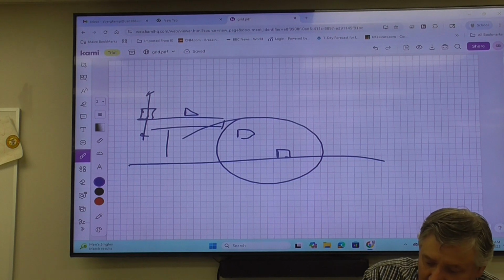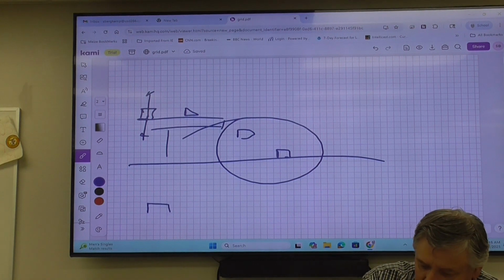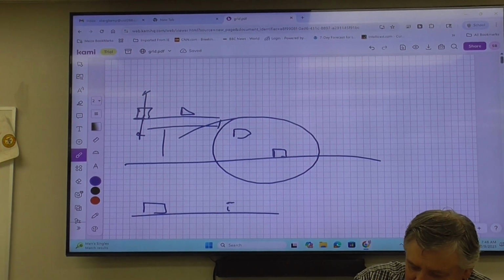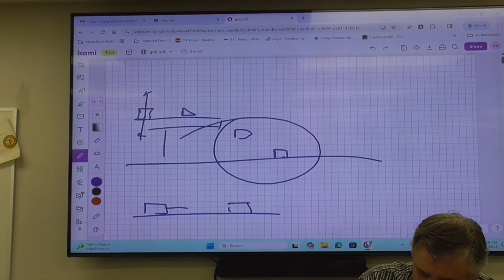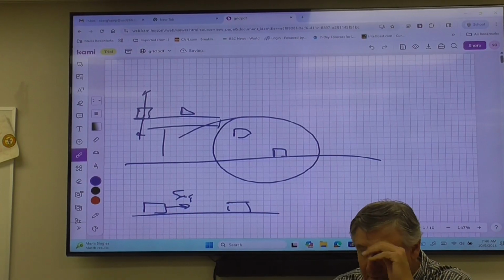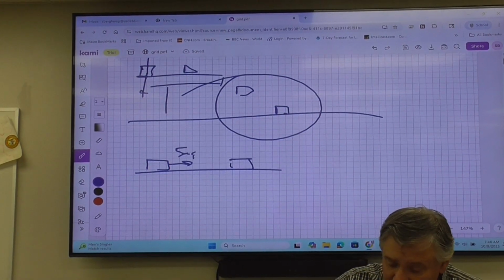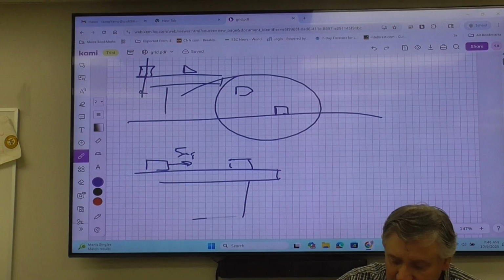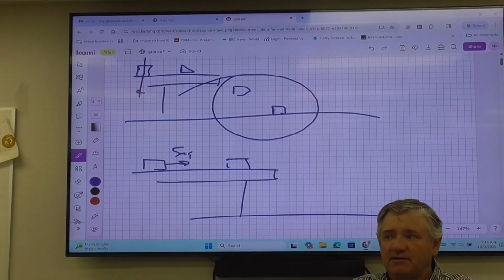Then on C, where you're doing your velocities, while it's up on the table, you're told that it's moving at 5 meters per second. This is where it becomes like a cycle.